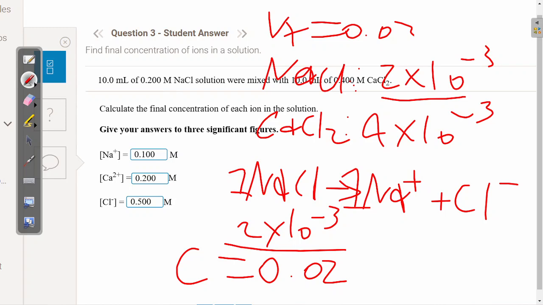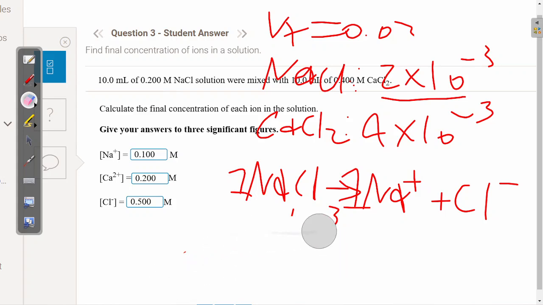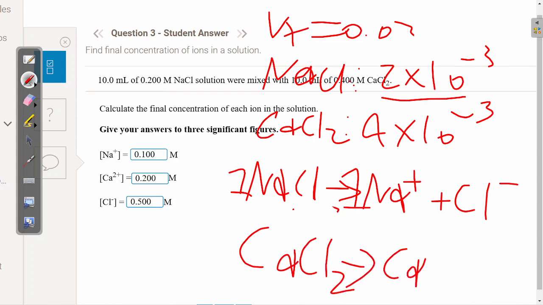Okay, now let's do Ca2 plus. Let me write the equation for CaCl2. CaCl2 gives Ca2 plus and 2Cl minus. You have to balance the charge, and see, if there's 2 here, there has to be 2 here.